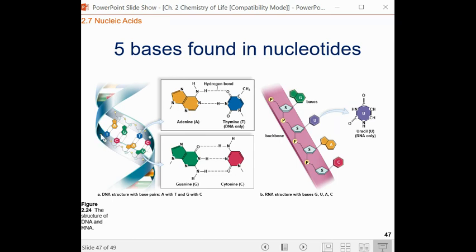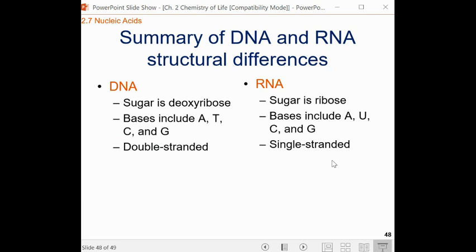We can see that phosphate sugar alternation again. And we see those bases. There's 4 different kinds, A, T, C, and G. C always bonding with G, A always bonding with T. And it's that order of the bases on the DNA strand that dictates the order in the RNA strand.